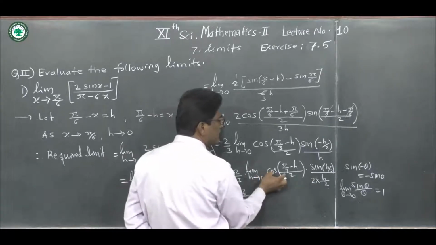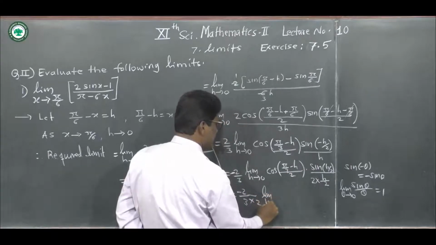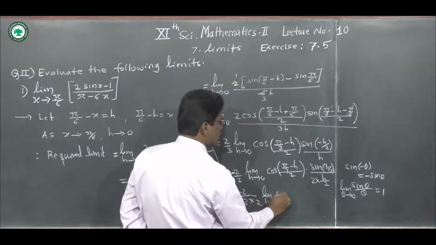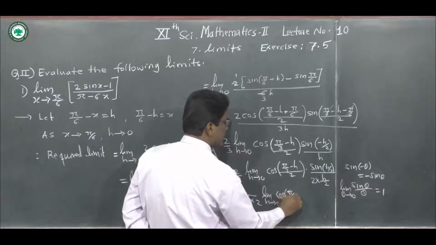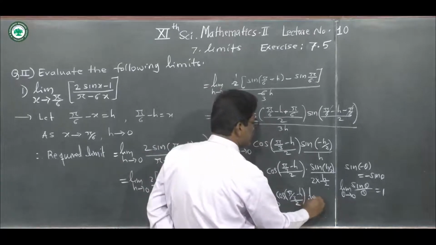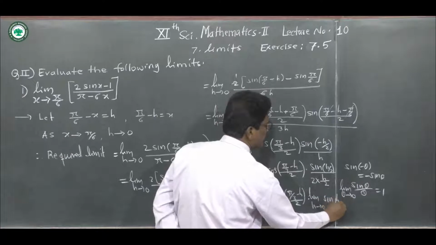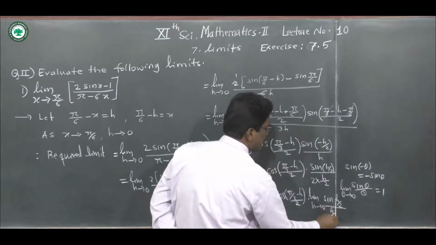And now separate the limit for this term and this term. So we get here limit as h tends to 0, cos of pi by 3 minus h divided by 2 into limit as h tends to 0, sine of h by 2 upon this h by 2.